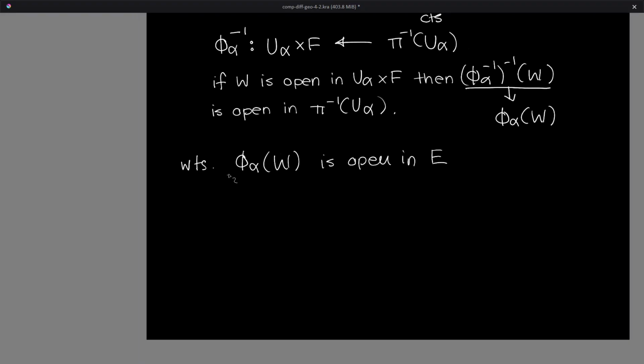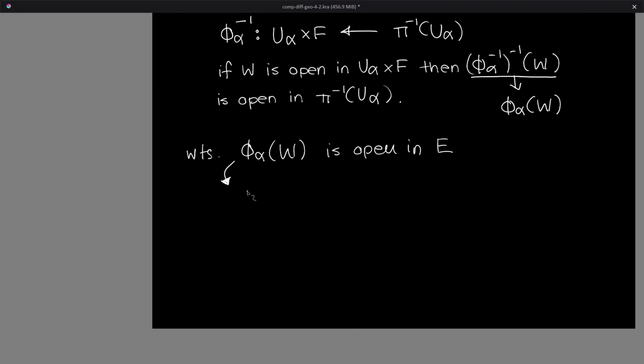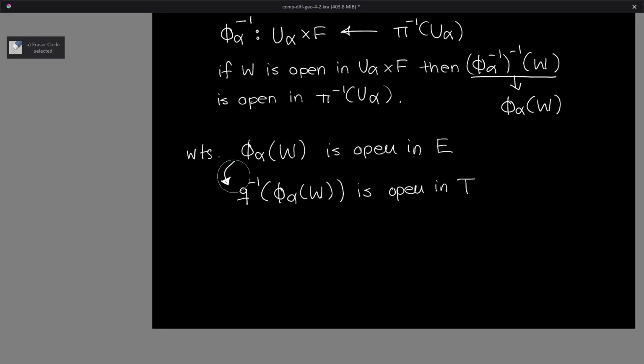You can scroll back to that part of the video. So this means that Q inverse of phi alpha of W is definitionally open in T. So these are equivalent. That's what I'm trying to say.